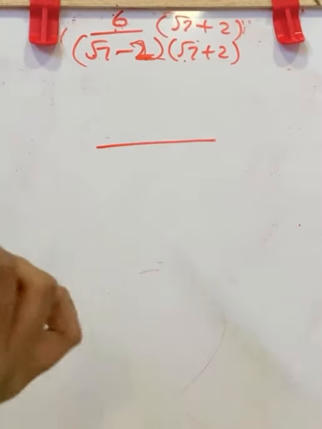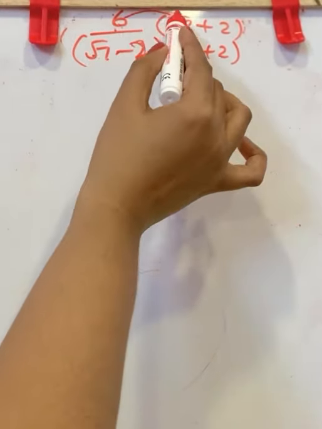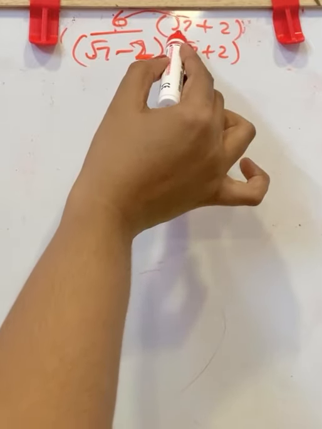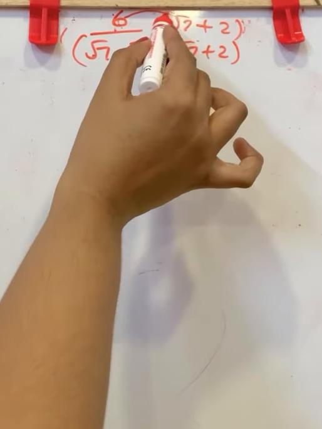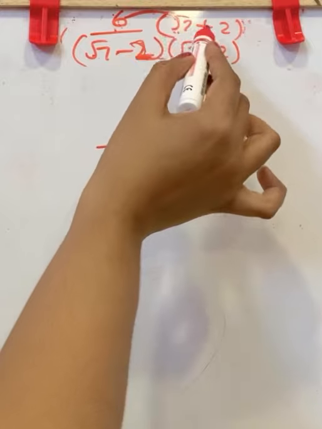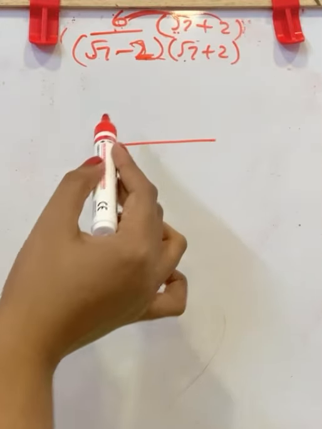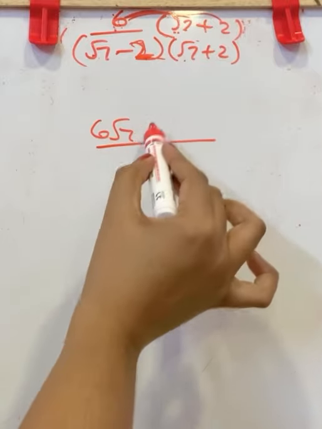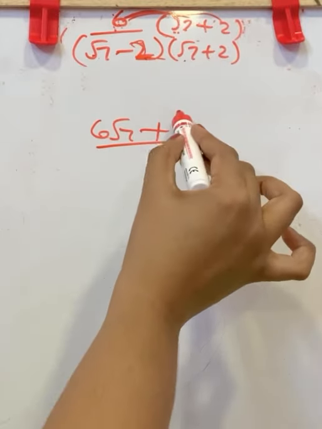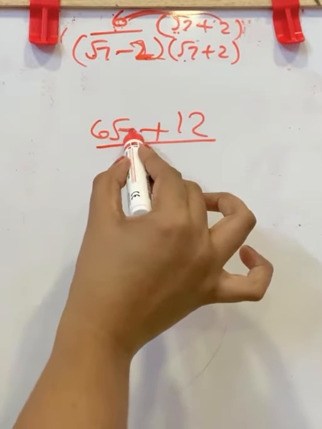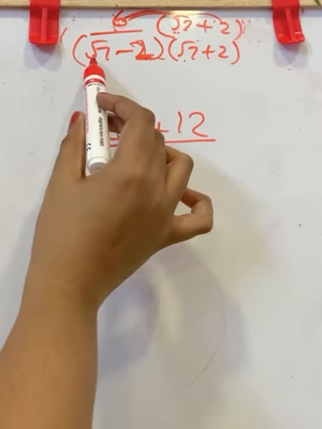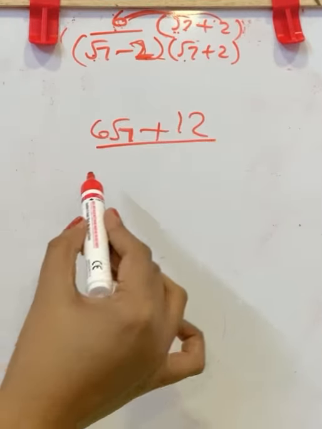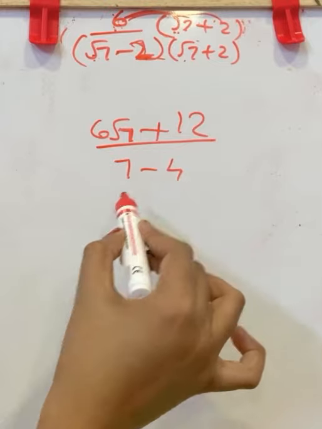Here it is 6, then what will you do? You want to distribute it. 6 is distributed to the terms inside the bracket. You have to distribute it to root 7 and also to 2. So 6 into root 7 is 6 root 7, plus 6 into 2 is 12. 6 root 7 plus 12 by a square minus b square, that is 7 minus 4.